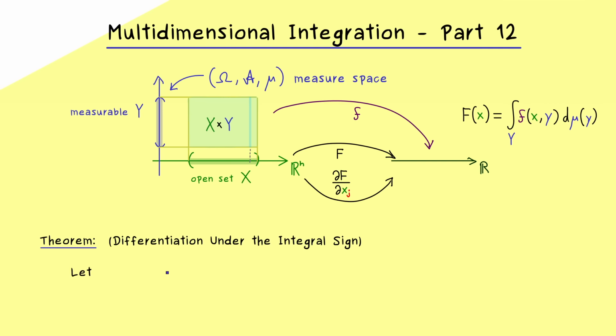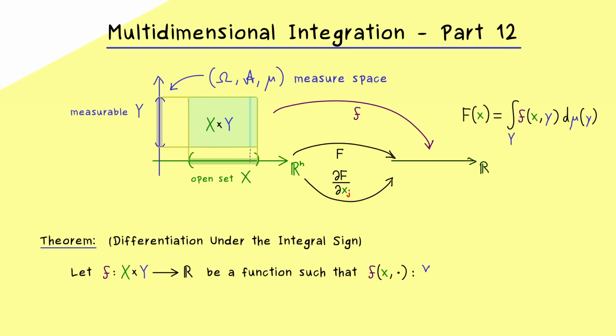And now for the start, let's clear up all the assumptions. So we have our space Rn and the measure space as before. And they are defined on the Cartesian product. We have an ordinary real valued function. And it should have the property that for every fixed x, we can integrate over y.